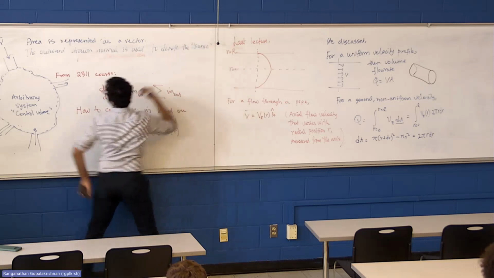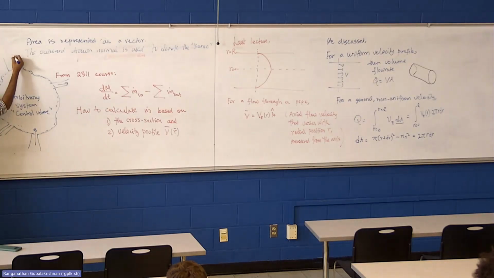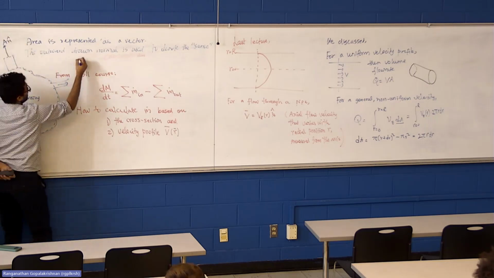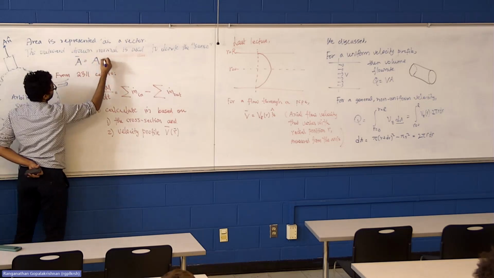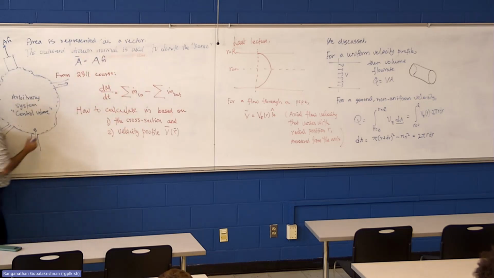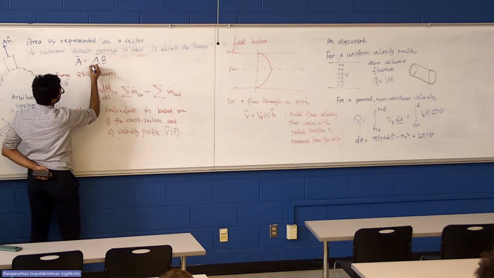So if I have this cross section area, this area is represented as A, the magnitude, multiplied by the unit vector. So the area vector is A, the magnitude, multiplied by n cap, the direction. This outward drawn normal is n cap, and the magnitude of the area is A.